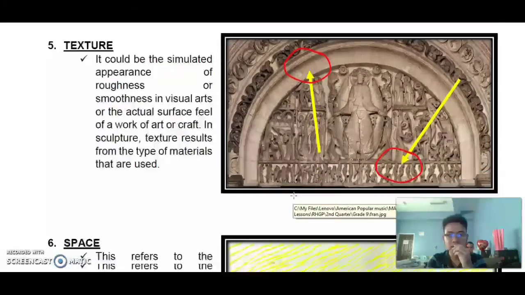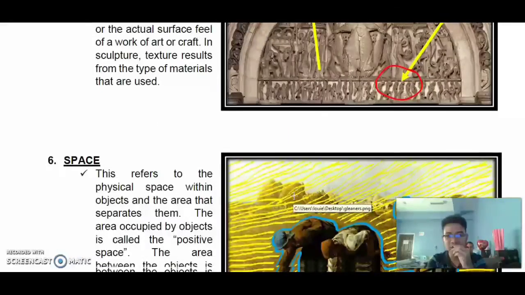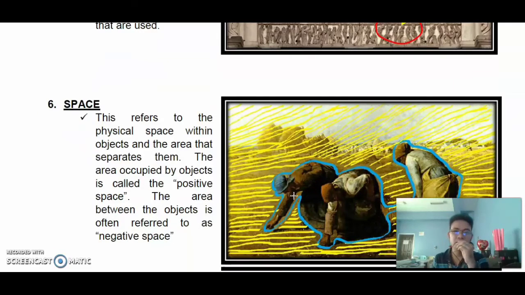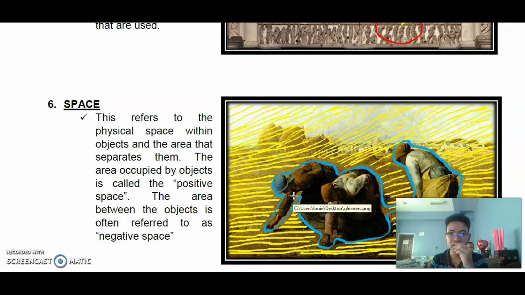The next one, we have here space. What is space in artwork? Space refers to the physical space within objects and the area that separates them. The area occupied by objects is called the positive space. When we say objects, these are the subjects in your painting.